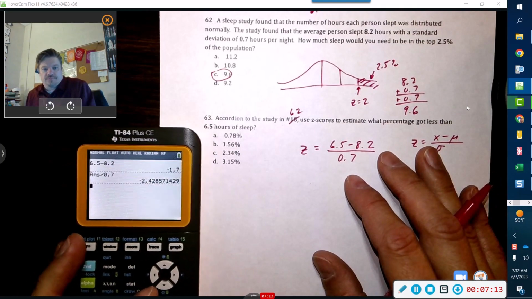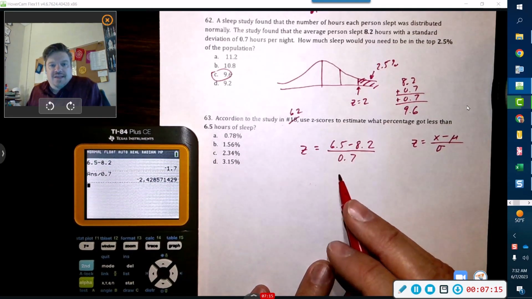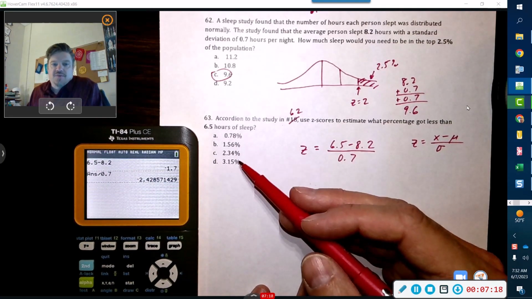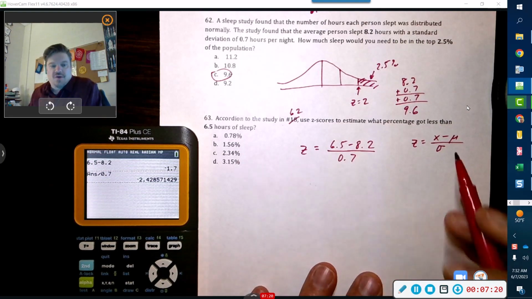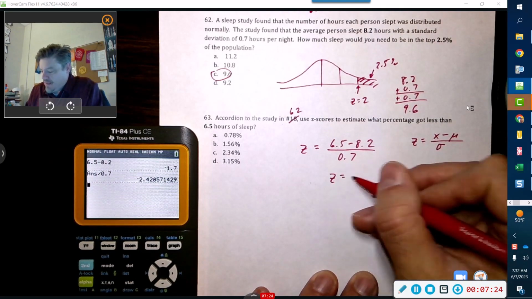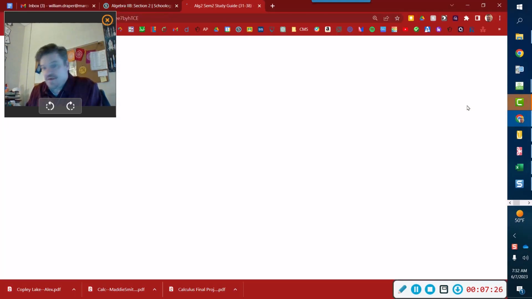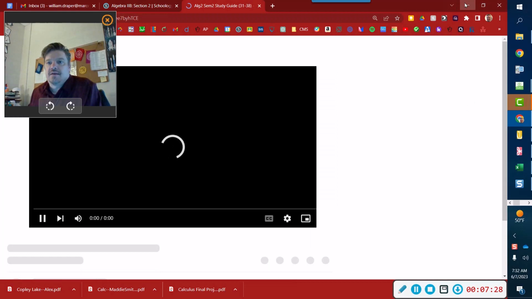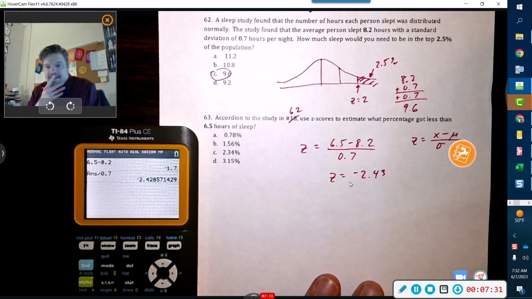So this means that I'm going to have very small percentages. I see that my z-score is negative 2.43, and let me minimize that. I got to look that up.